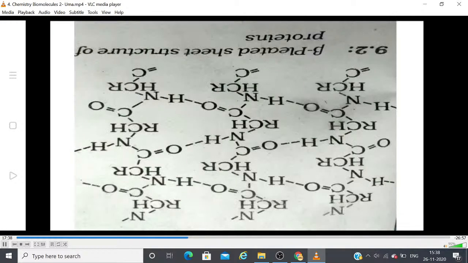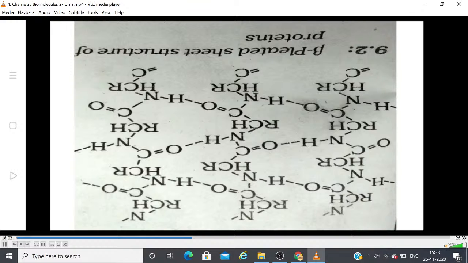Next, second, beta pleated sheet structure of proteins. In this beta pleated sheet structure, proteins are held together. That means peptide chains are completely stretched and put together side by side.